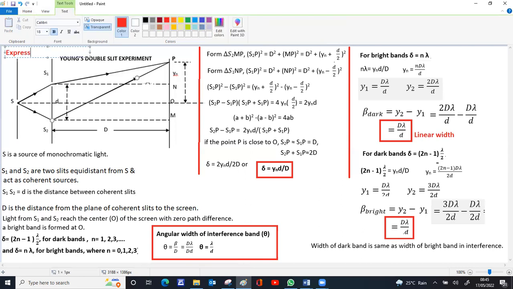This expression is for linear width. It's even called fringe width or bandwidth.